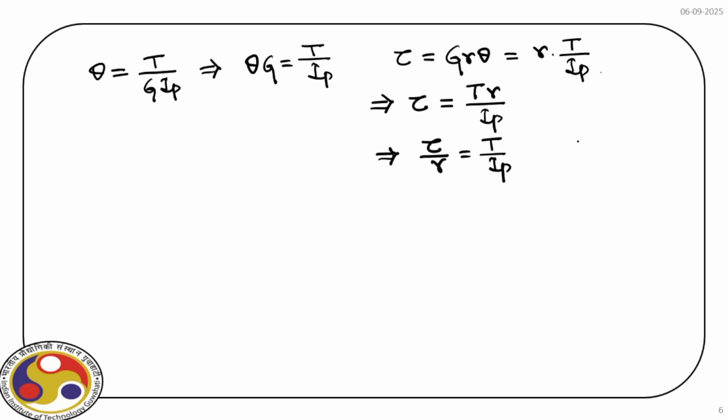Now, if you recall the bending problem, we derived sigma by Y is equal to M by I. A similar expression we have derived in the case of a circular cross section under the action of a torque of magnitude capital T. And here also we have a linear variation just like bending stress.